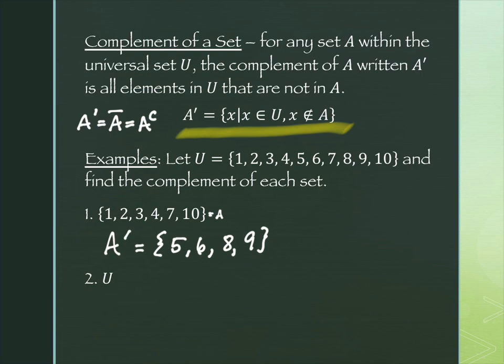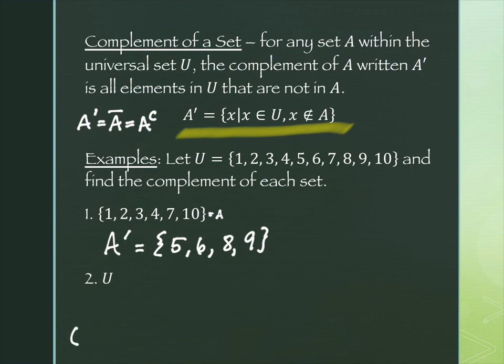All right. The next one, it's not really a trick question, but you do have to think through the language that's involved to be able to answer it. It's asking for the complement of the universal set. So what does that mean?